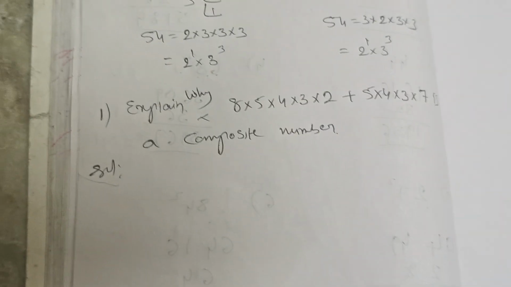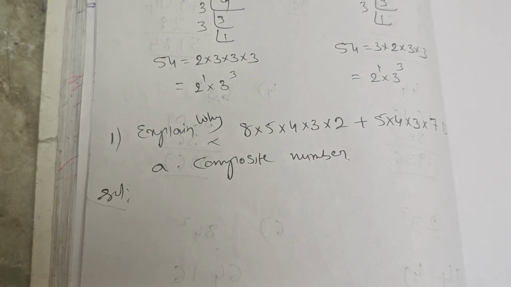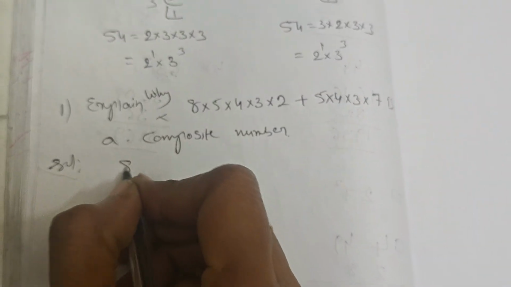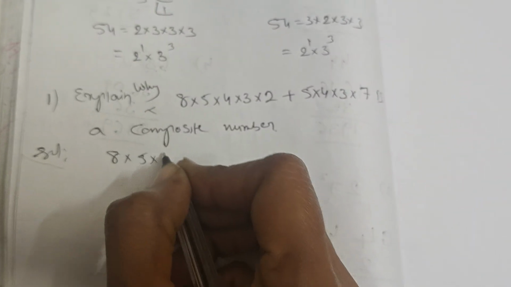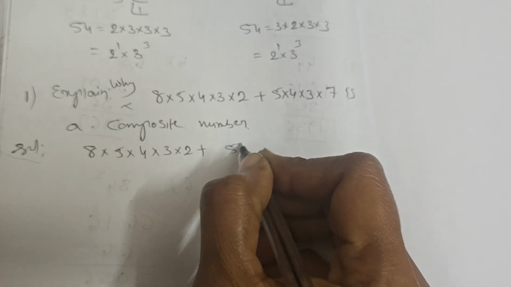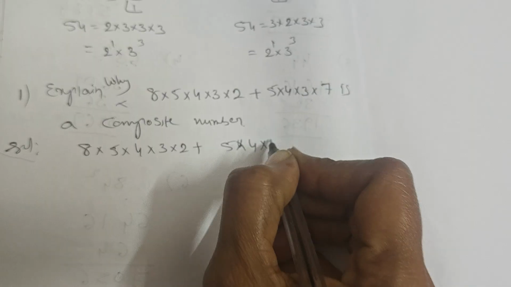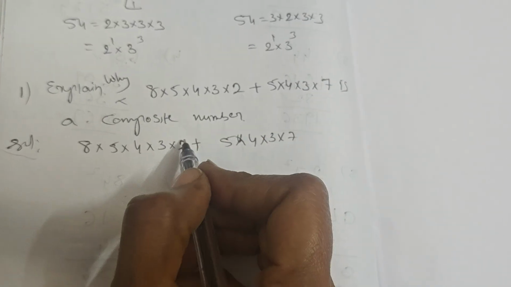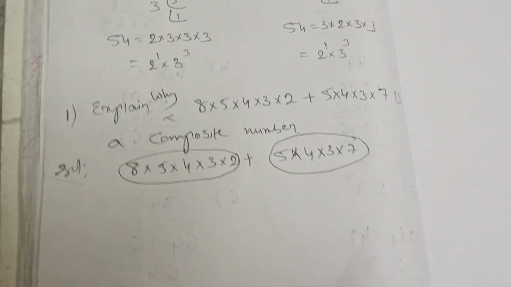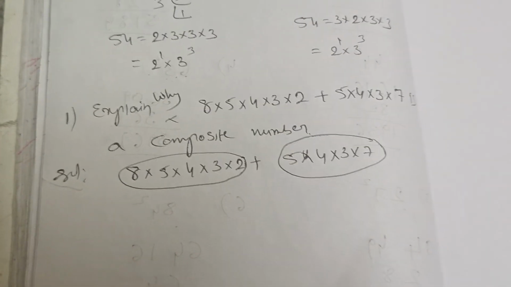What is the first? Actually I told you what a composite number is. If a number is expressed as a product of primes, that means 2 or more primes, then it is a composite number. So here we have two methods. See, up to the plus, before 1, and after the plus, 1. Two parts are there. We can do it in two methods.